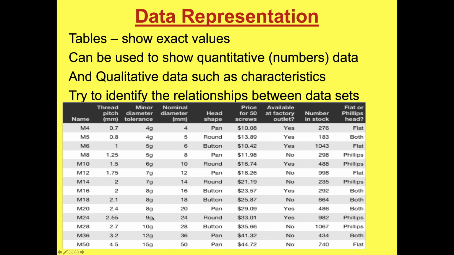Okay, so that's very much similar to a situation where you have a graph that constantly goes up. And you might look here and say, well, this constantly goes up as well, so maybe these two are related. And this constantly goes up, so maybe all of these three are related in some way. So those are the kinds of things you have to identify in terms of relationships between these various types.